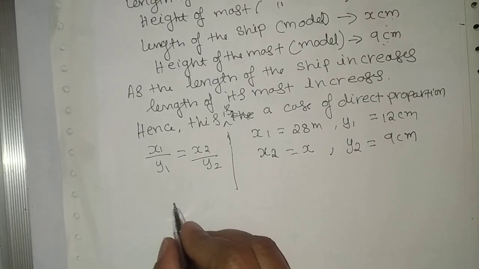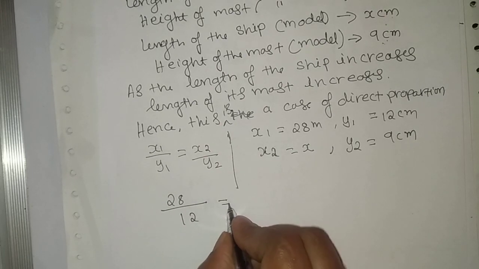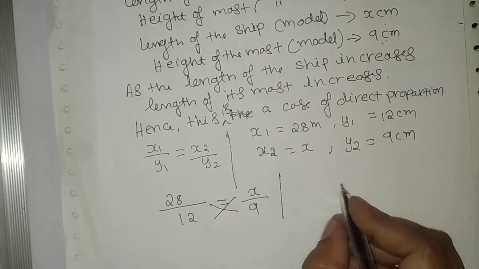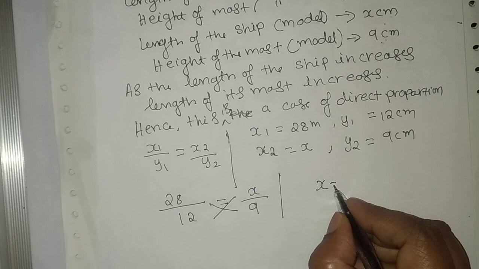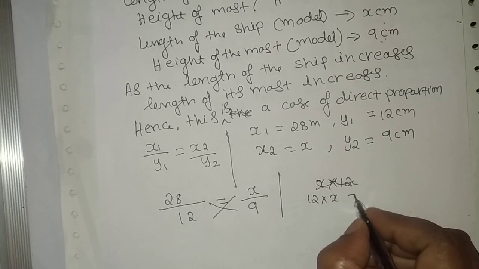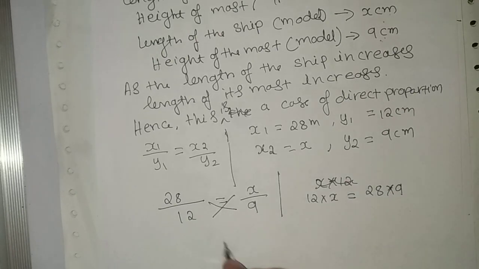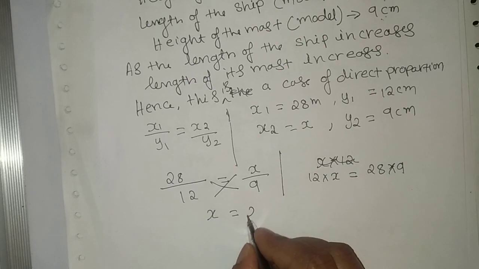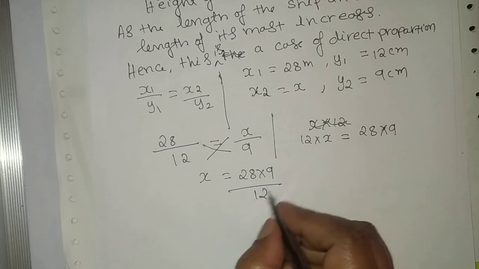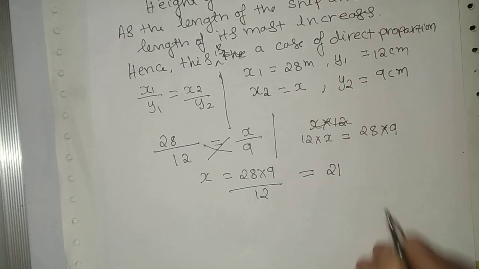So substitute the values, that is 28 by 12 is equal to x by 9. Cross multiply this, then x into 12 or 12 into x is equal to 28 into 9. Therefore, x is equal to 28 into 9 by 12. Simplify this, then we'll get x as 21.